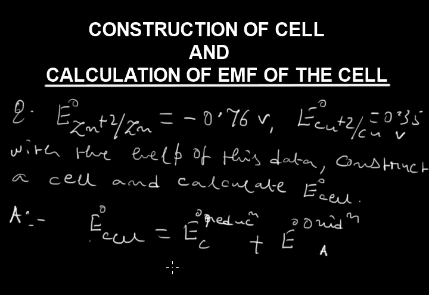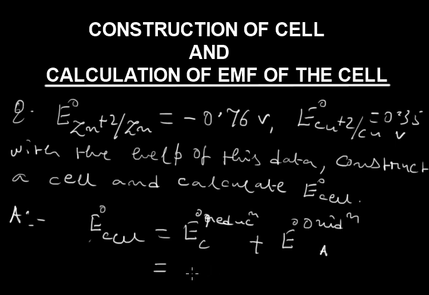Mind it, in modern IUPAC system all the potential values are given in the form of reduction potential, but in anode actually oxidation takes place. But if we want to write it in reduction form, we know that E ox is always equal to minus E red. That means oxidation potential is equal to minus reduction potential.